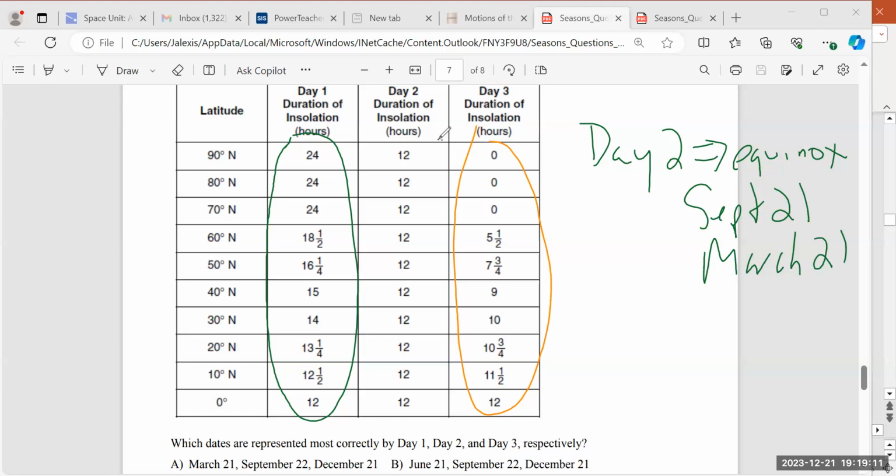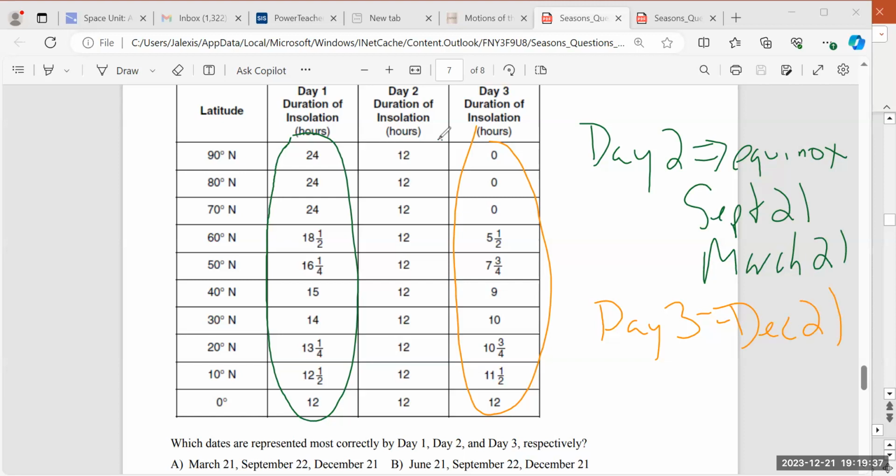What season do we have the lowest amount of daylight hours? Winter. So the fact that day 3 is giving me the smallest amount of daylight hours, less than 12 for all of them except the equator, lets me know it's the winter solstice, December 21st.